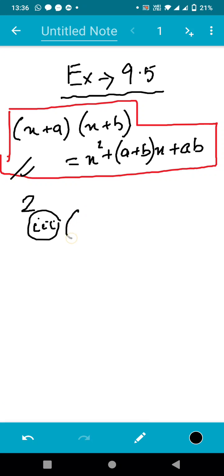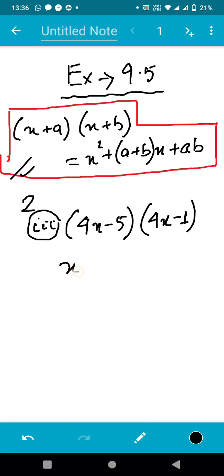In the first bracket we have 4x minus 5, and in the second bracket we have 4x minus 1. Fine. In the place of x, this time we have 4x. In place of a, it is minus 5.